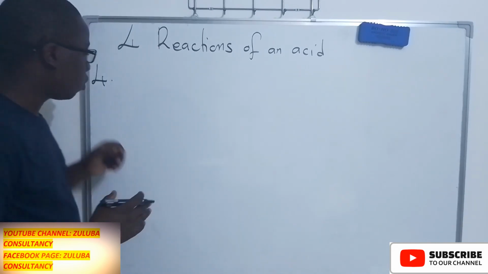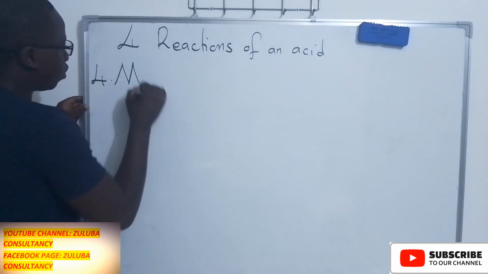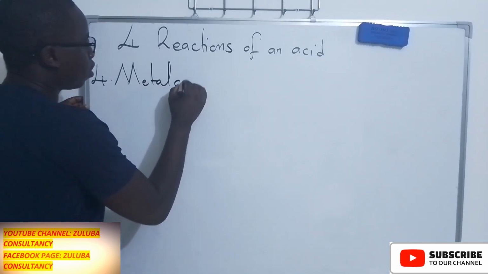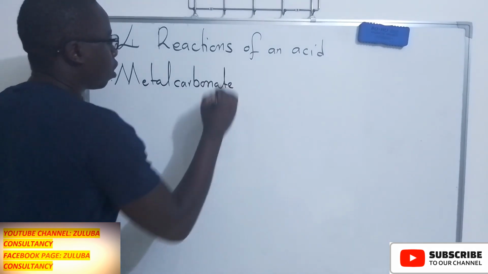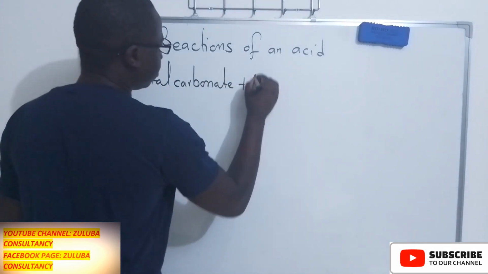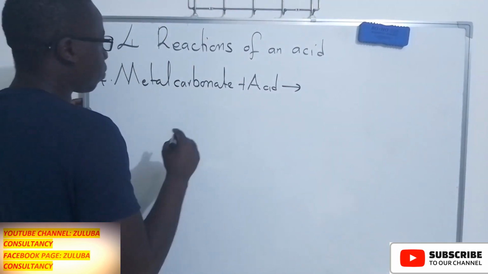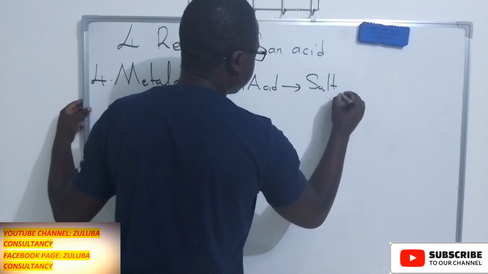The fourth reaction we want to look at is when a metal carbonate reacts with an acid. What is the product? So the product, the first one, will be a salt.